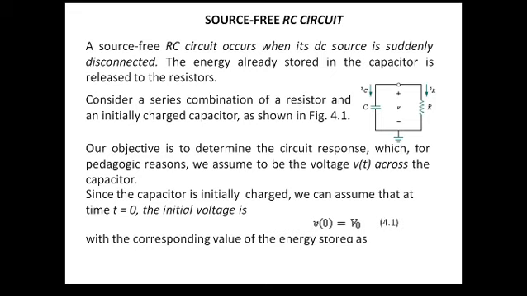With the corresponding value of energy stored, you know how to find the storage: if it is a capacitor, half C V squared; if it is an inductor, half L i squared. Same expression, basics only. So W of 0, the initial value without source, is equal to half C V0 squared. This is the energy stored in the capacitor.